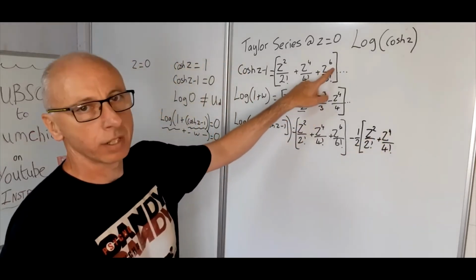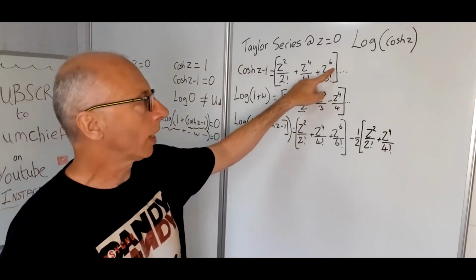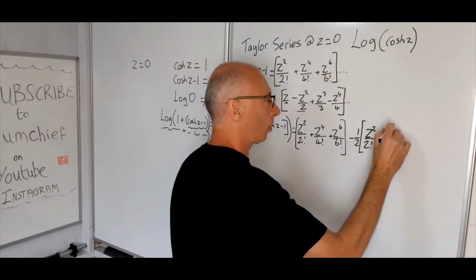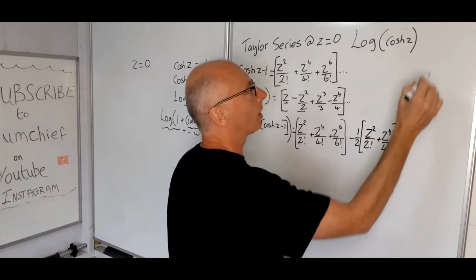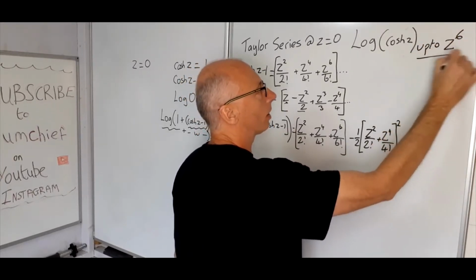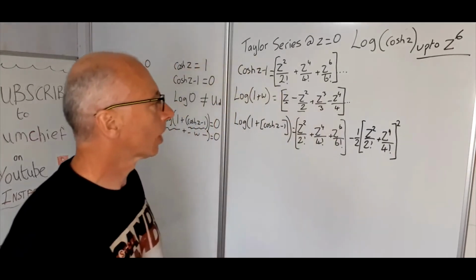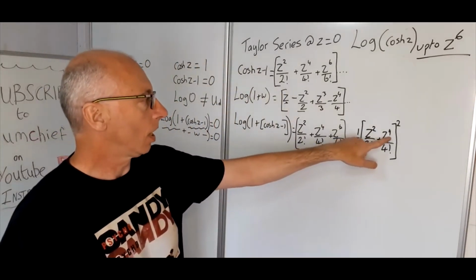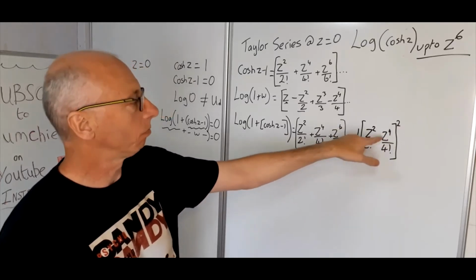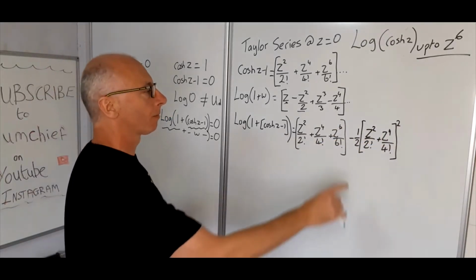Now I won't plug in the 6 one because when we square it we get up to the z to the power of 12. So that'd just be one step too far really, we don't need that. So let's say up to z to the 6th. Let's make that our last term. So this will give us up to z to the 8, so we won't need that last term when we're calculating, but get us well on our way.